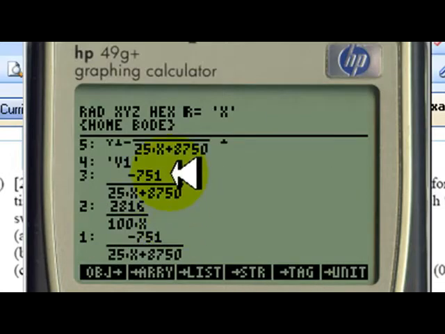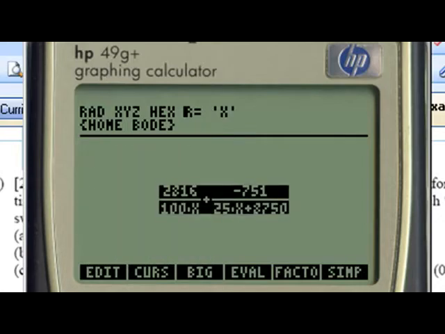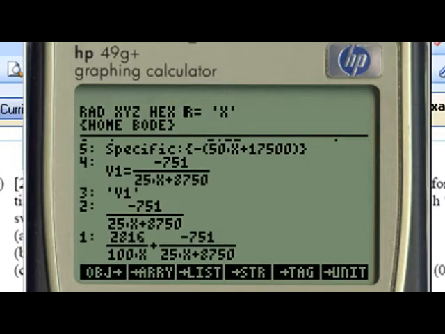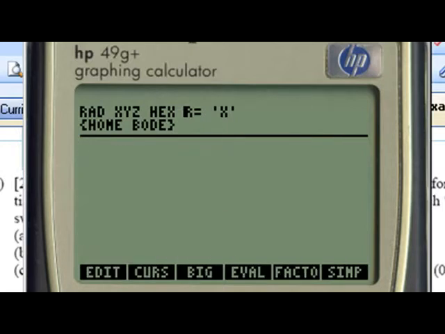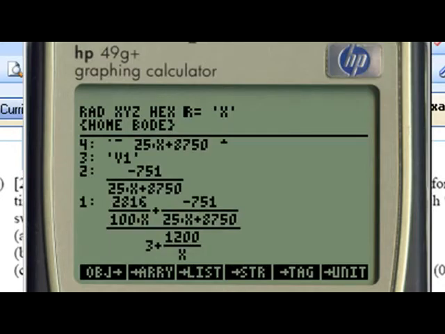I add these two together, and then I'm going to divide that by, let me create another expression. Let me divide that by 3 plus 1200 divided by s, which is x in our case. That one, divide. That is the current.